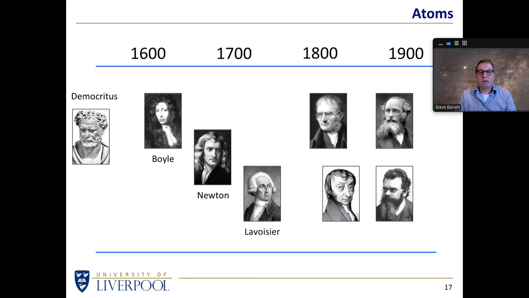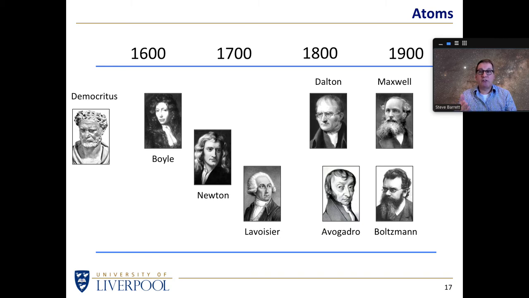Then we have Lavoisier, and then Dalton, and then Avogadro, and then Maxwell, and then Boltzmann. So they are placed, roughly speaking, where they belong in the timeline. Virtually all scientists will have made contributions over many years, perhaps many decades, and so this is just a rough indication of where these individual players came into the timeline of developing ideas about atoms.